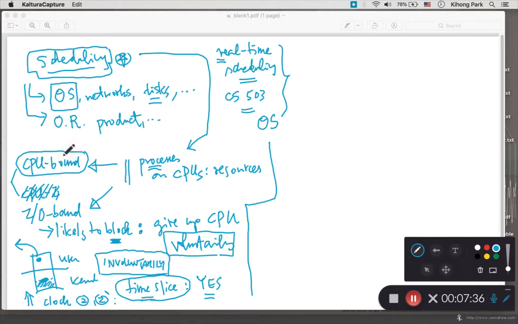And so these CPU bound guys tend to give up the CPU involuntarily, and the IO bound guys tend to give up the CPU voluntarily. That's their different nature.